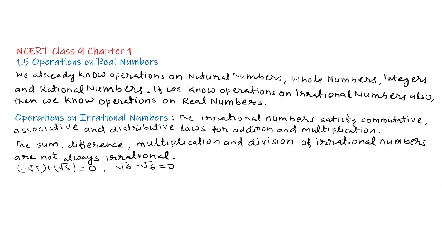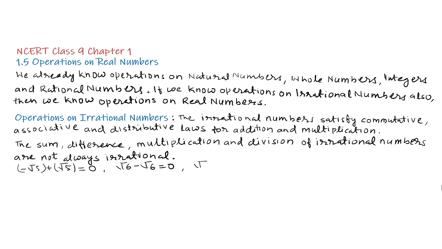That is, when we subtract an irrational number from another irrational number, we are getting a rational number, and this is that example. Root 6 minus root 6, both are irrational numbers and their difference is 0, which is rational.